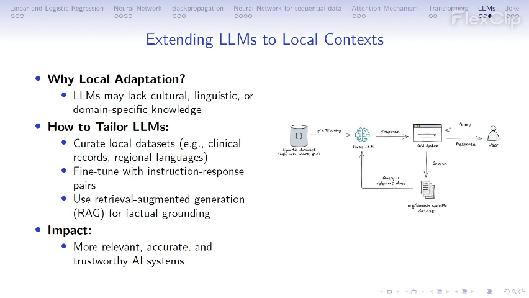Suppose the large language model is not trained on clinical guidelines. We compile the clinical guidelines, chunk them, and put them into a vector database. What do we do first?